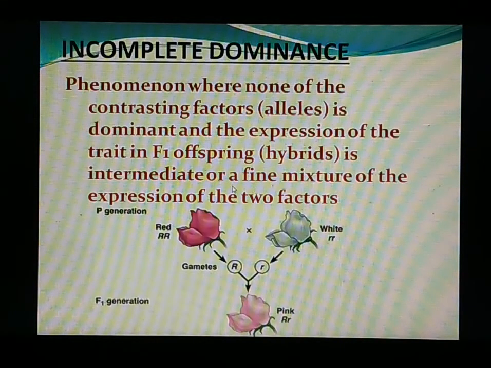That means what? There is the mixing of the factors which has taken place, and that is the reason the flowers that were obtained in F1 generation don't resemble any of the parent. So this red color is not completely dominant over the white flowers, and that is the reason there is the intermediate offspring which has been obtained here, and that is the pink flower.